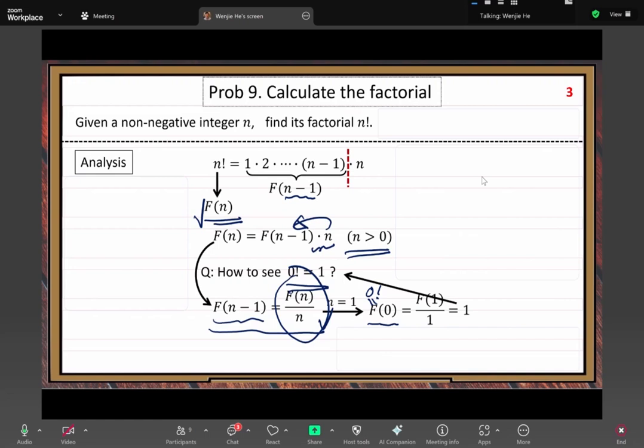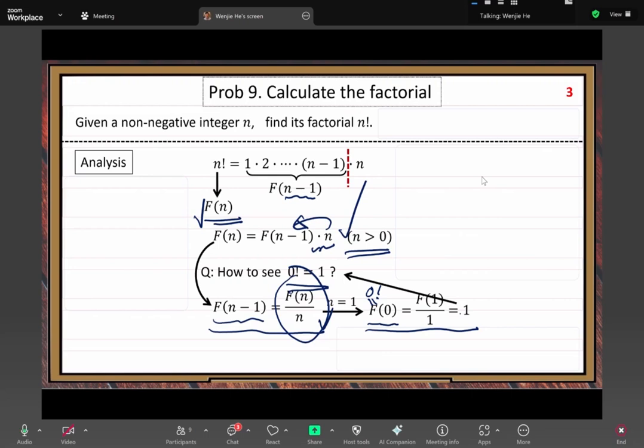If you agree this formula is correct, then you have to agree this one is also correct. So from this point of view, you can see the only reasonable value for 0 factorial is 1, not 0.